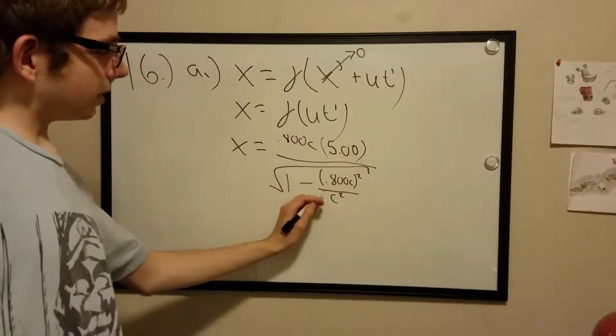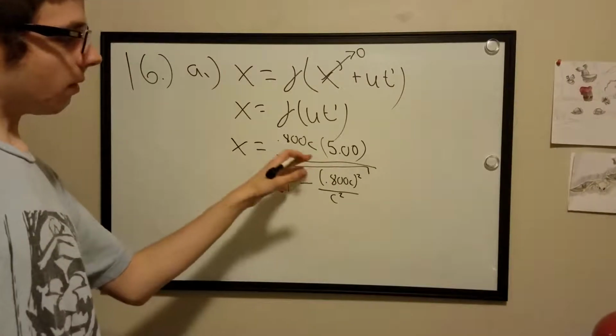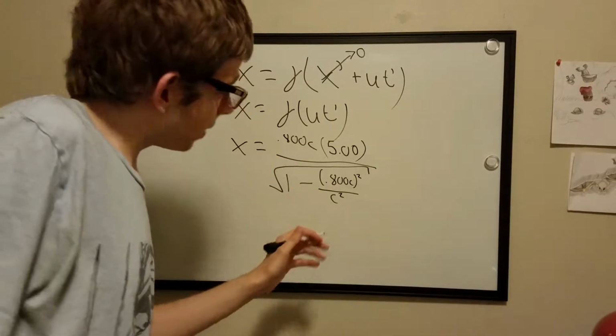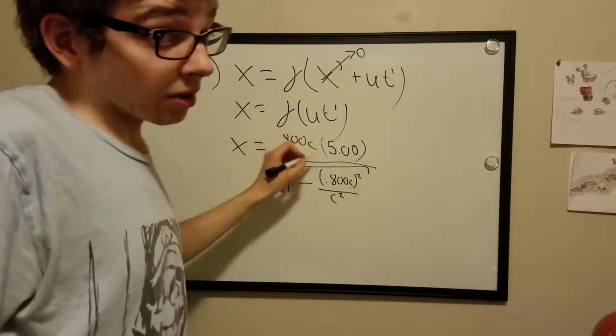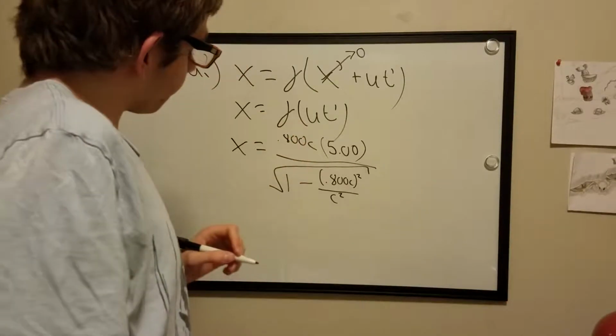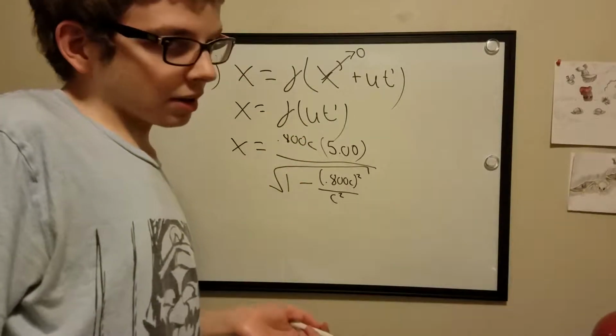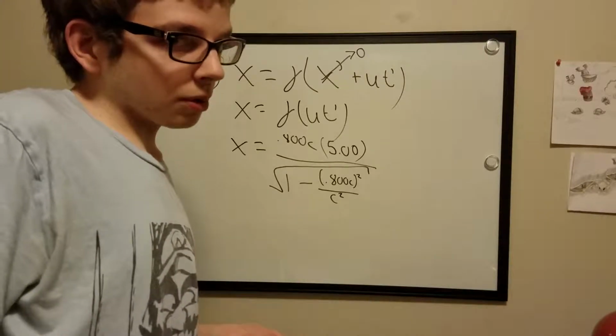And if you evaluate this equation, remember, c is not a variable, c is a constant, the speed of light, which is 2.998 times 10 to the 8th meters per second.